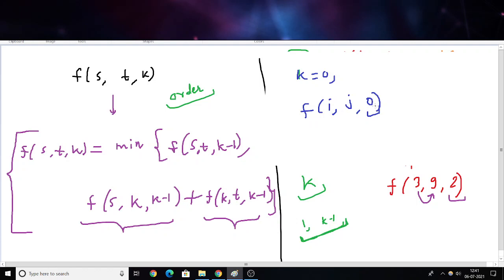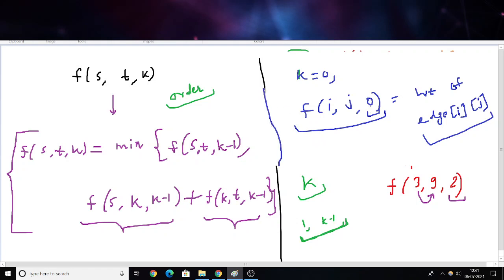So if we cannot use any other city apart from i and j, then it's just the weight of edge i comma j. So the weight from i to j would be the value of f i j 0, and that would be our base case. From here I can move on and find the answer for k equal to 1, and so on. And then we can sum them up and we are done.